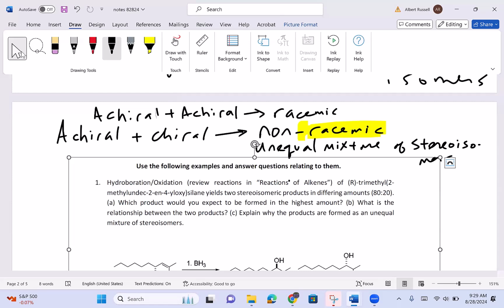It's important because when you make compounds that have medicinal properties, when you make compounds that have biological properties, a lot of times those compounds need to be chiral in order to fit into the receptor in a cell, a specific receptor or something like that. So that's why the chirality part is important.